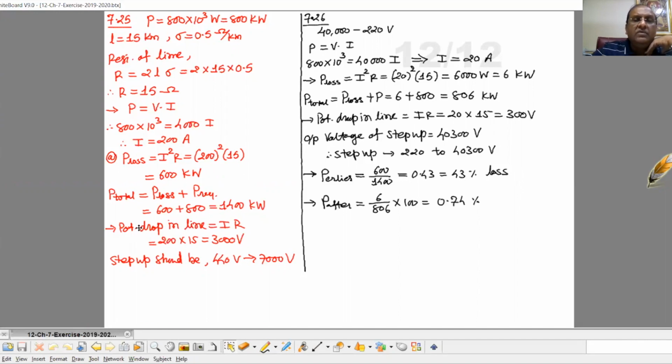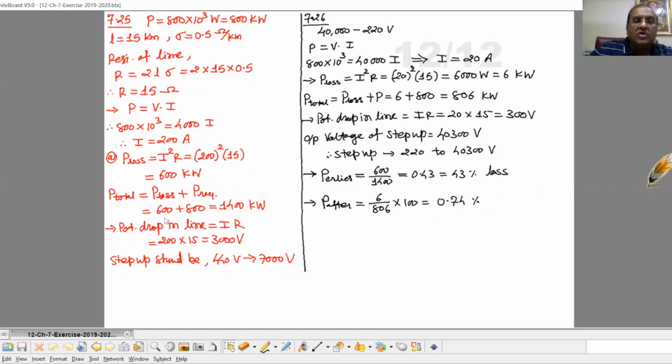Now total power, so power loss 600 and required power 800. That much power should be transferred from the generator, or we can say the power station, to that particular village, because 800 that is requirement, 600 loss will take place. So total if supplied is 1400, then that village will get 800 kilowatt.